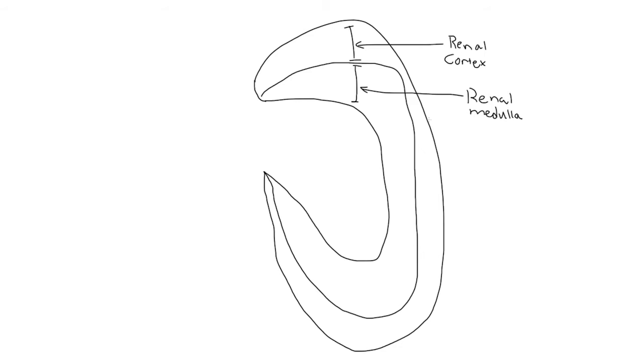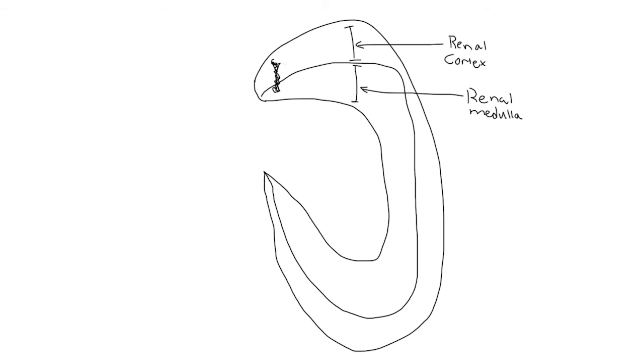Okay. Now your nephrons are going to be in your kidney, and they're going to be arranged like this. So let's say this is one nephron. This is not its shape. I'm just drawing this to represent a nephron.